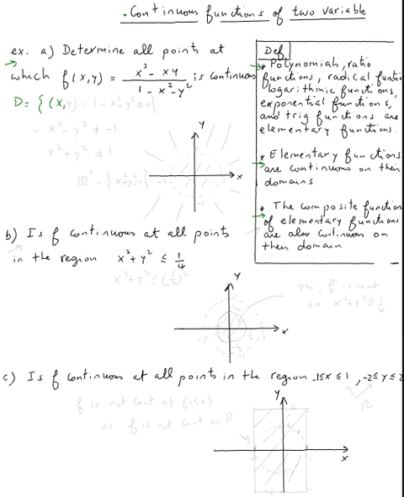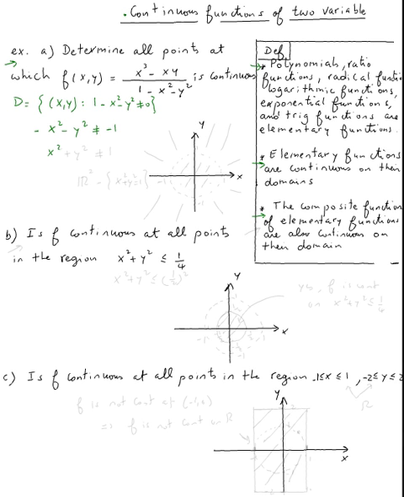The domain is the set of all x y's such that f of x y is defined. f of x y is defined if the denominator is not equal to 0. What does that mean? That means 1 minus x squared minus y squared is not equal to 0, so minus x squared minus y squared is not equal to negative 1.